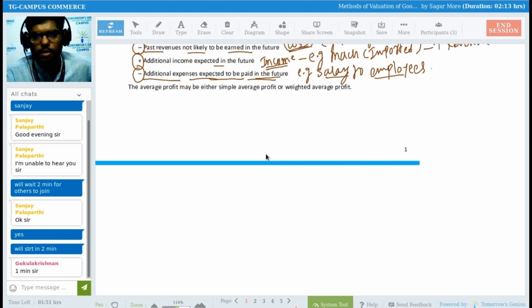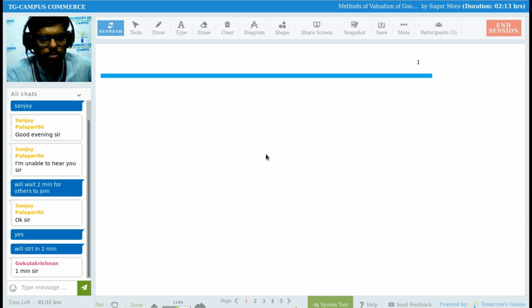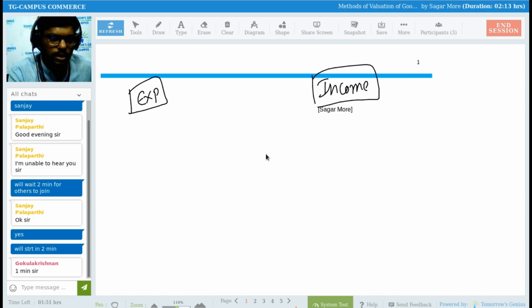So if I summarize this now, I will summarize like this. See, sir, expenses, and there are some incomes. Sir, if you are thinking there will be possibility of future expenses, right?